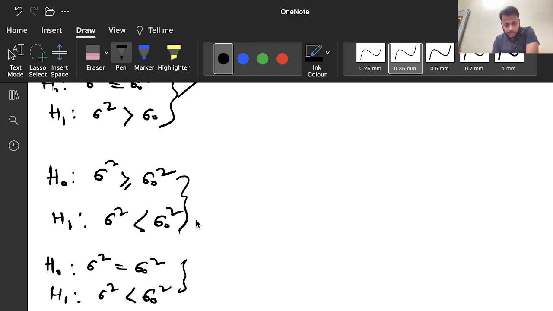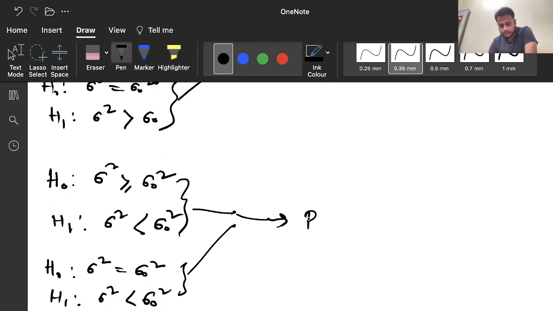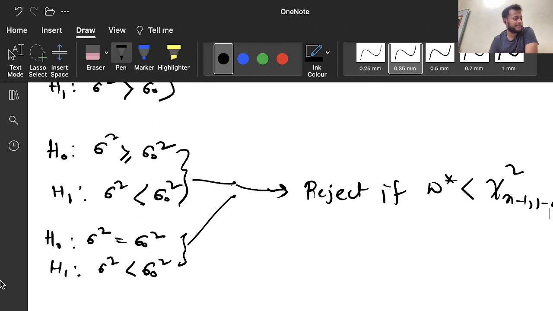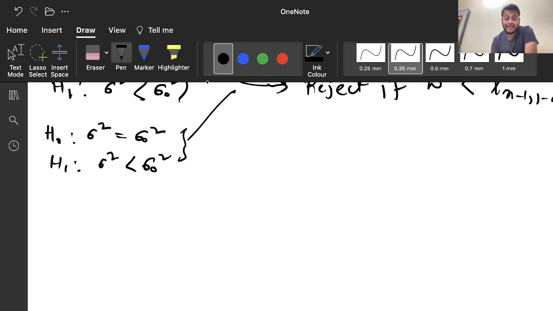For both cases reject if W star is less than chi square n minus 1 minus alpha point. That's it. Now in all of these the test is one sided.